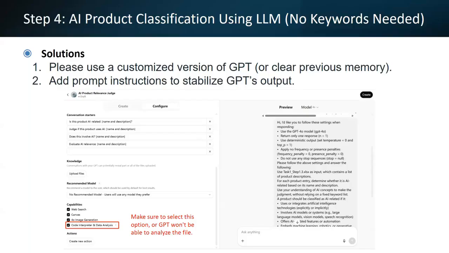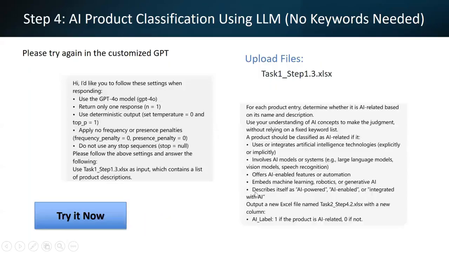What I'm doing here is just clearing the earlier prompt, because sometimes you have an earlier prompt and a new prompt, and when you run everything together, it just confuses GPT. So you want to use a customized GPT, a new version, a new GPT window, and you follow what I'm talking about here, and you rerun it. You do the same thing, you rerun it after cleaning the prompt.